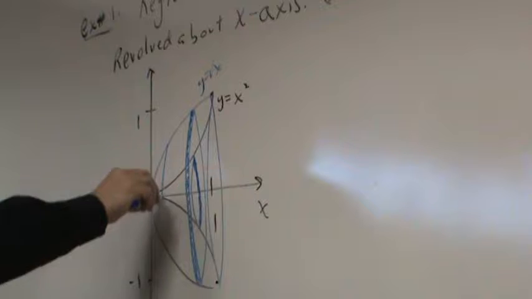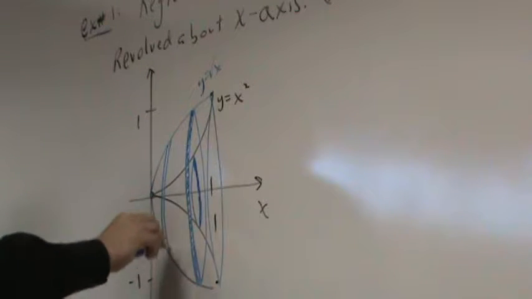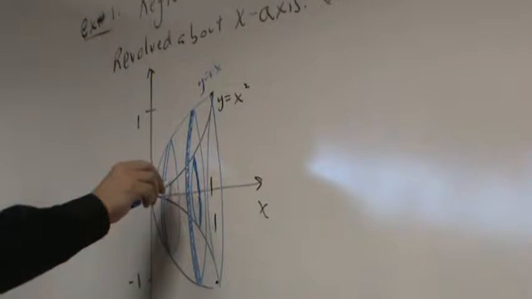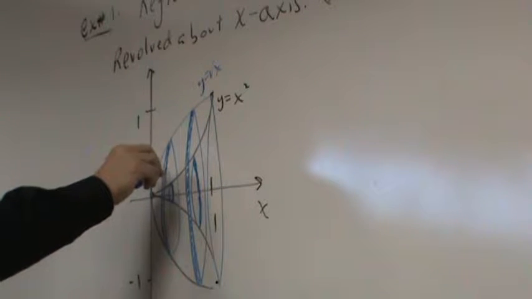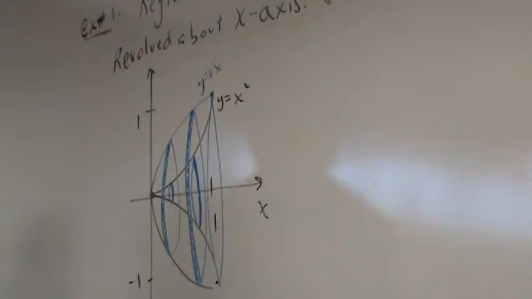And again, a bad drawing is better than no drawing. Do you get a sense that each cut perpendicular to the x-axis is going to get you a washer? It's going to get you a cylinder with a hole in it?